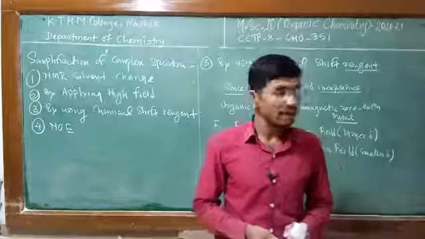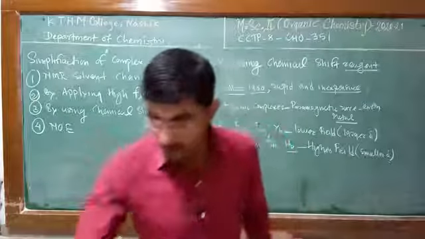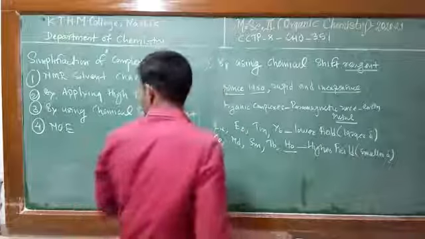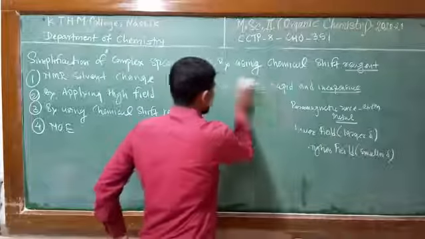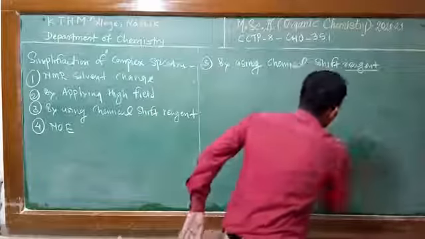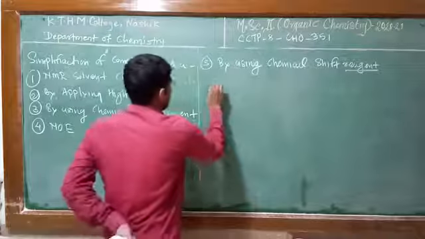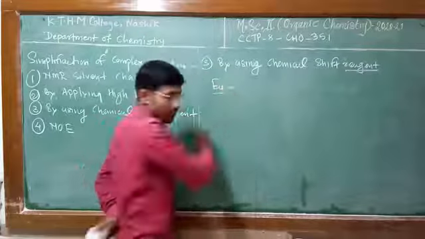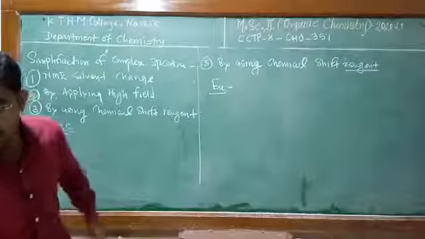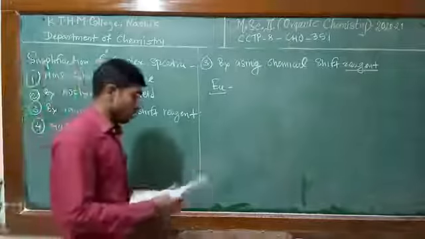In chemical shift reagents, most probably we use europium, a lanthanide metal, most of the time. There are two complexes from this.